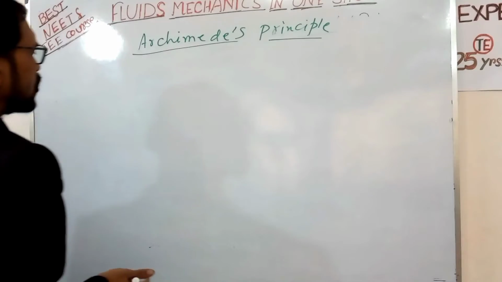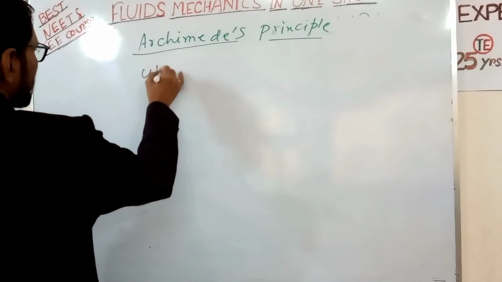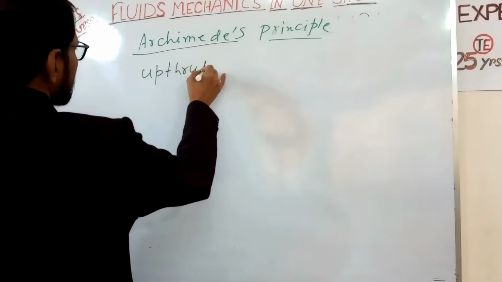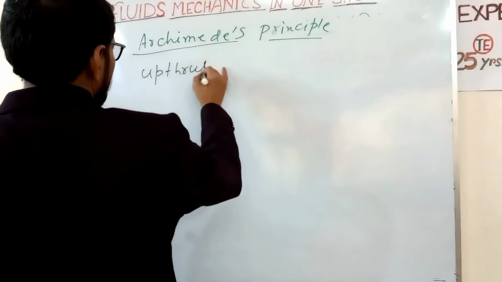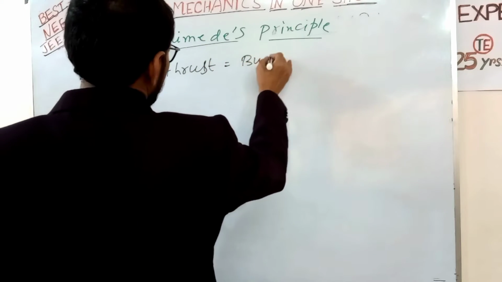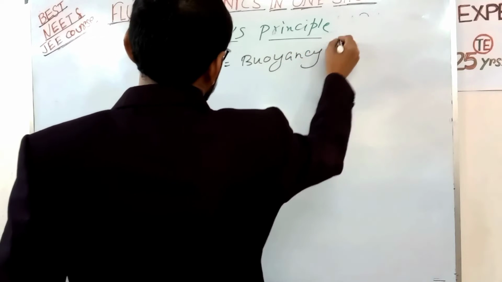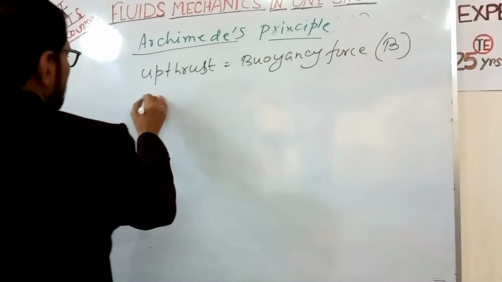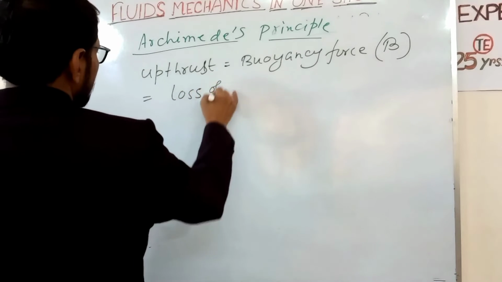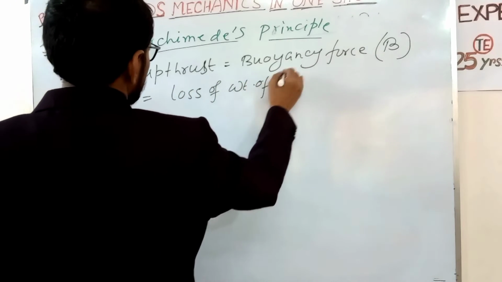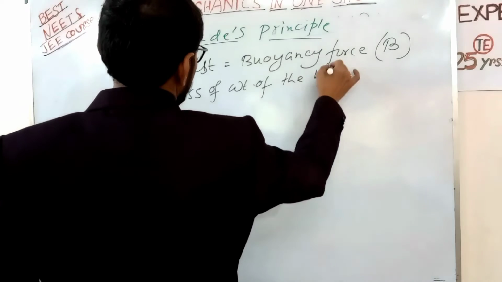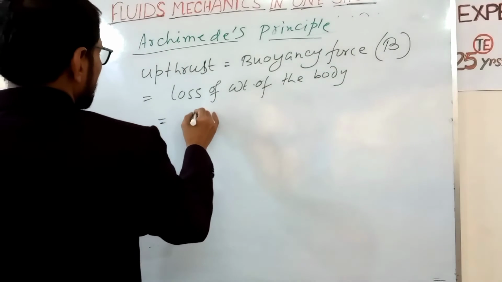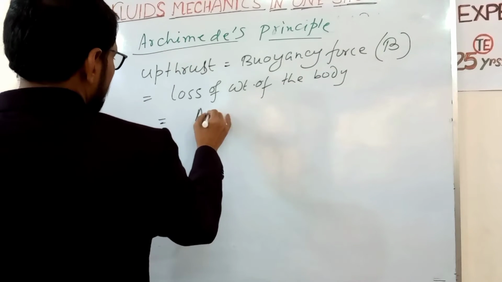You remember, the loss of weight is upthrust. Upthrust equal to buoyancy force, denoted by B, which is equal to loss of weight of the body. Loss of weight of the body equal to actual weight minus apparent weight.